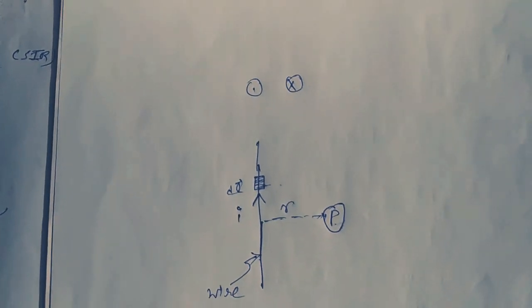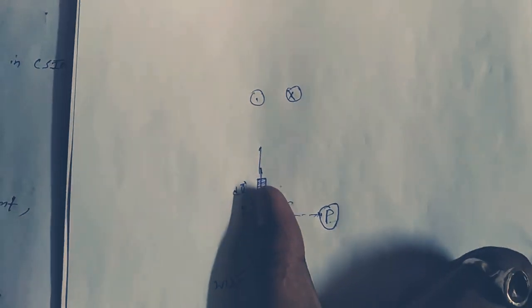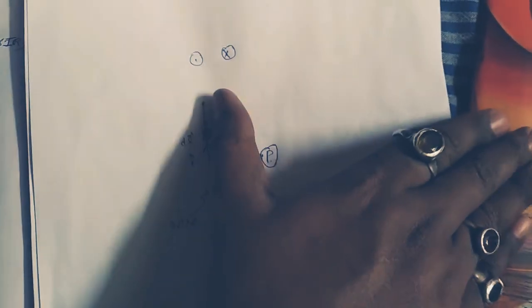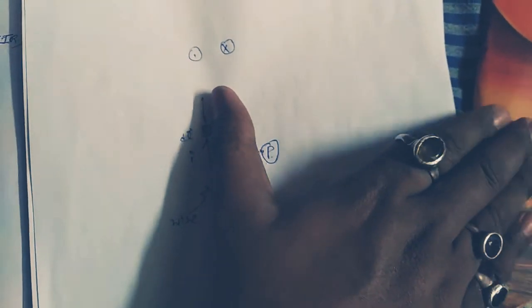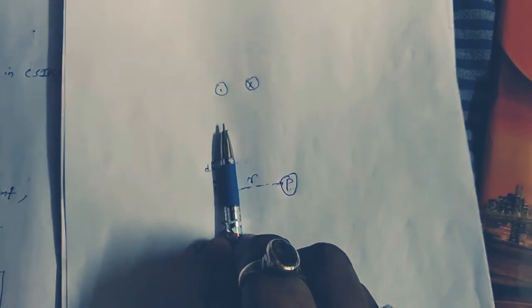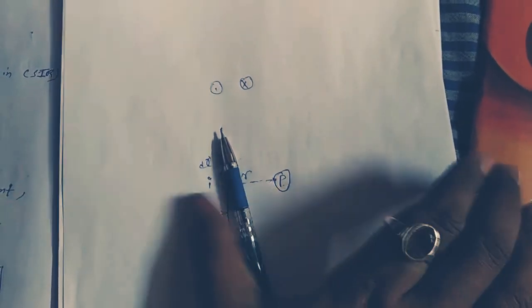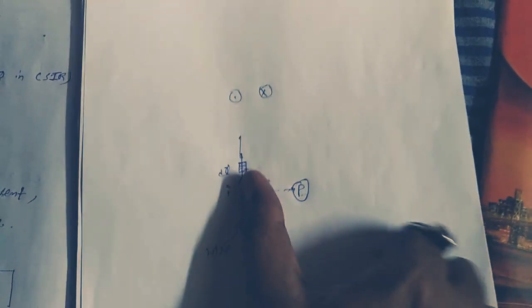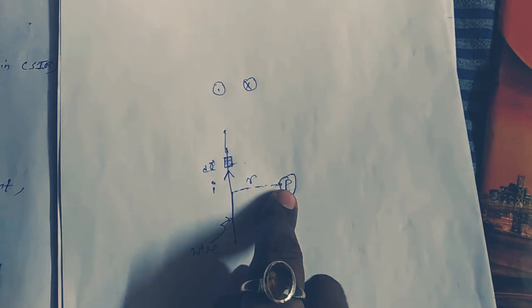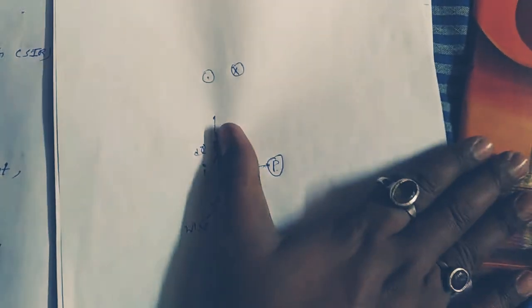First of all, take your finger and put your thumb along this. Sorry, this is the direction of current. Put your finger along the direction of current, and where you have to determine the magnetic field, there at P you keep your palm.